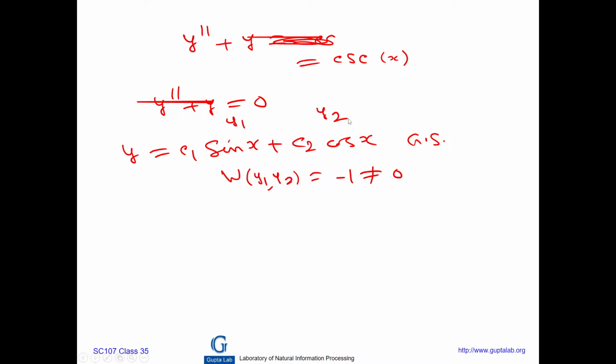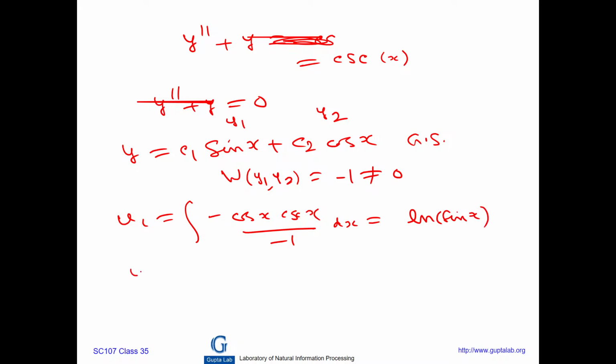I can compute those things. So v1 is nothing but integration minus cos x divided by -1 dx turns out to be log of sin x, and similarly v2 is integration sin x cosec x divided by -1 dx is equal to minus x.